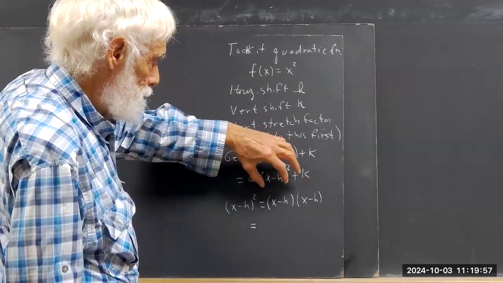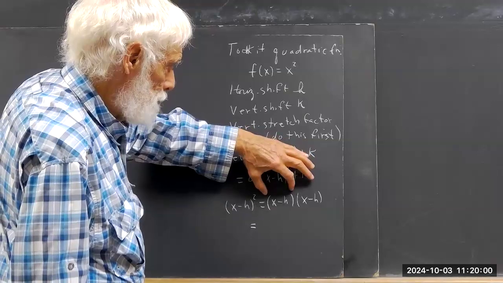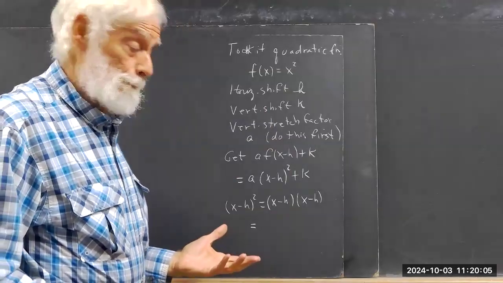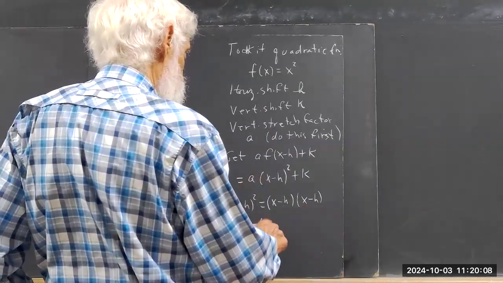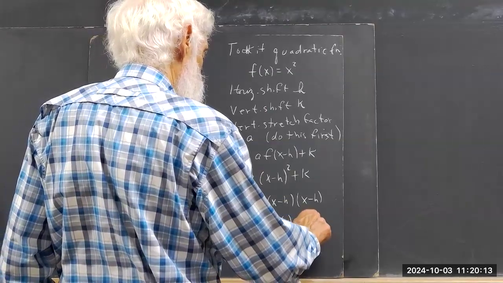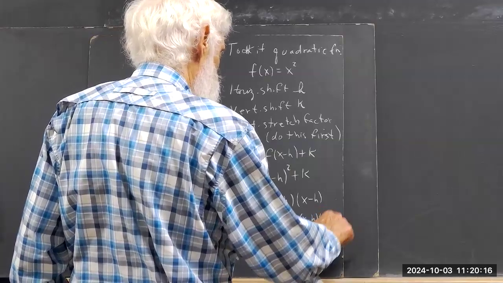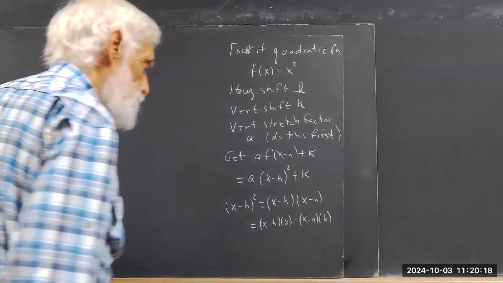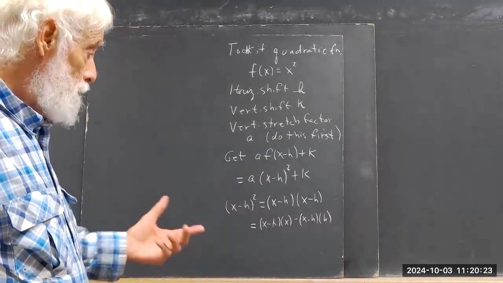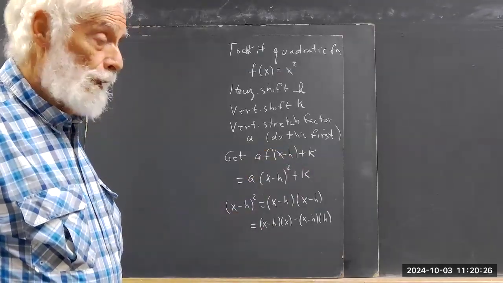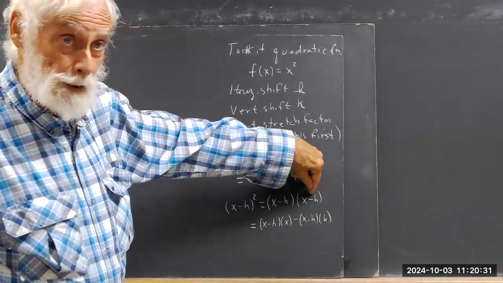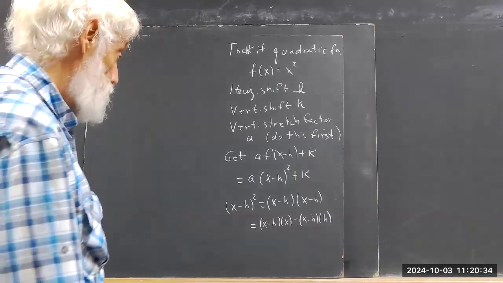We're going to write it as x minus h times x minus x minus h times h. Okay, distributive law. That makes sense. Whatever you multiply by x minus h, you multiply by x, then you multiply by h, and of course you change the sign because of the negative.